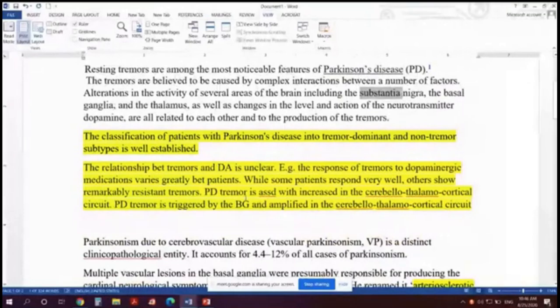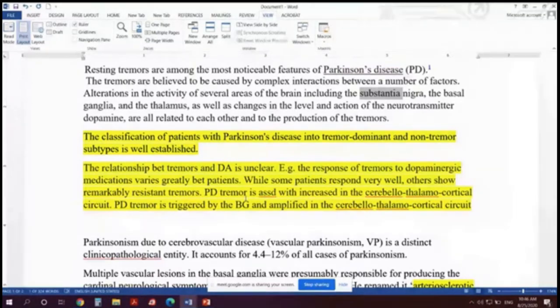The relationship between them and dopamine is unclear. Sometimes they respond to dopaminergic medications such as bromocriptine, levodopa, and others, and some do not. So that's why I said it's complicated.